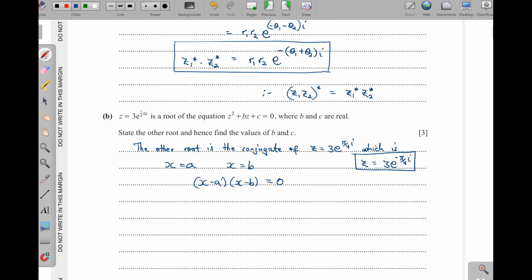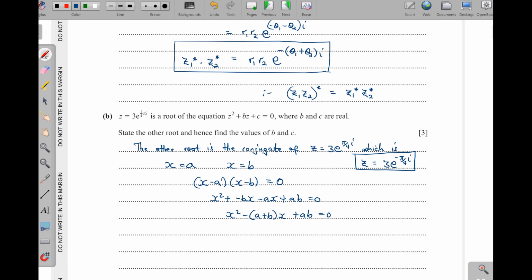And then we can open this one up. So when we open, we shall have x squared, then plus minus bx, then minus ax, then plus ab, which is equal to 0. So you see that you have x squared, then minus x is common, so I have a plus b, minus x, I put it outside.